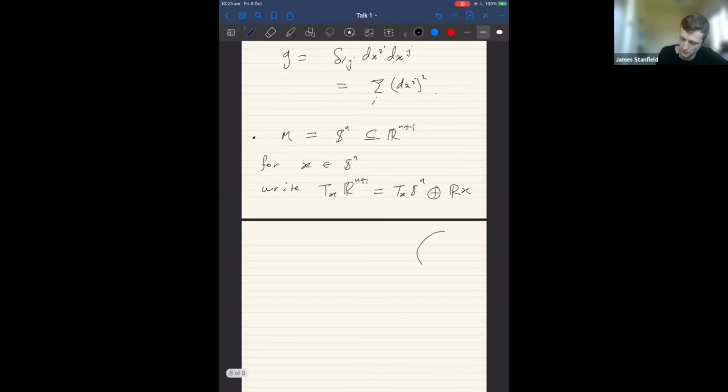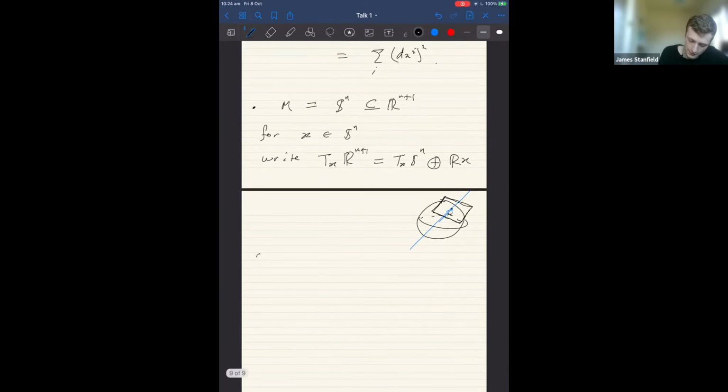So we want to draw a little picture. We have the point in here. We have the tangent space. I guess this is for n equals 2. And then x is this vector, and we've got this line spanned by x. And then the tangent space of the sphere is a complement of that line sitting in Rn+1.